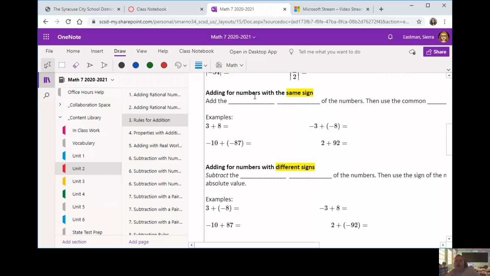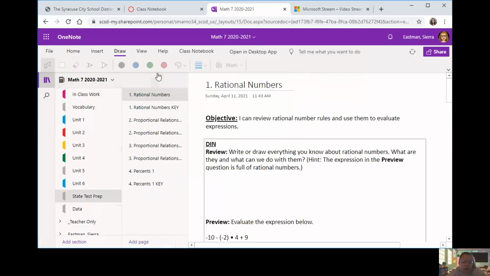Adding numbers with the same sign, you add the absolute value of the numbers, then use the common sign. But for adding numbers with different signs, we actually are subtracting the absolute value of the numbers and then using the sign, okay? So let's show that back on our page for today.